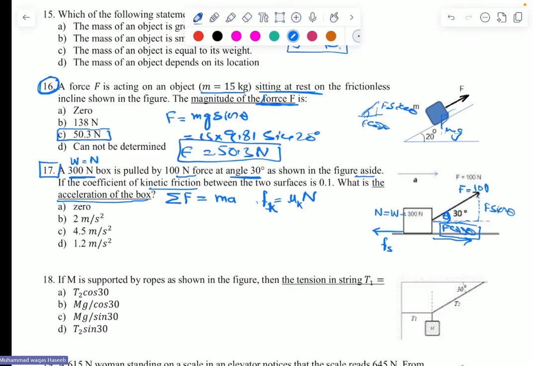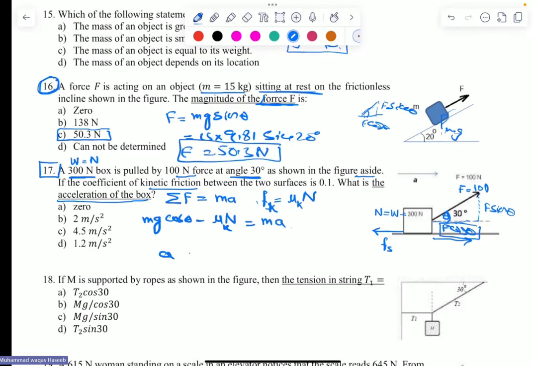Now the sum of all forces: we have F cosine of theta, minus the kinetic friction force, which is opposite to the force. This is the sum of the forces, which equals the mass times the acceleration.